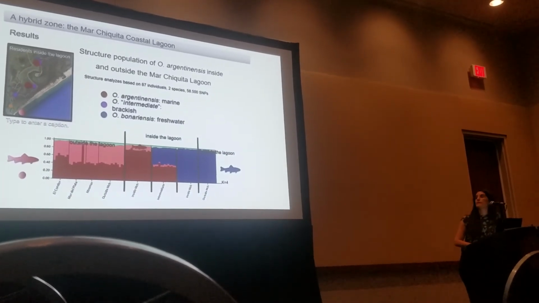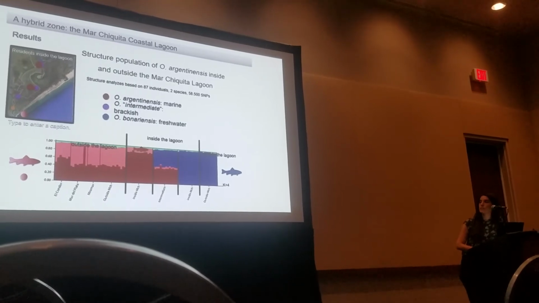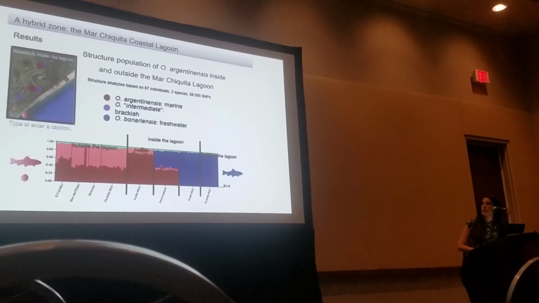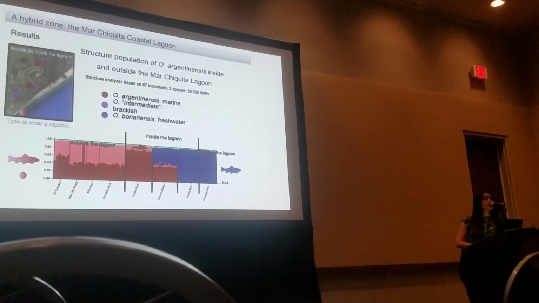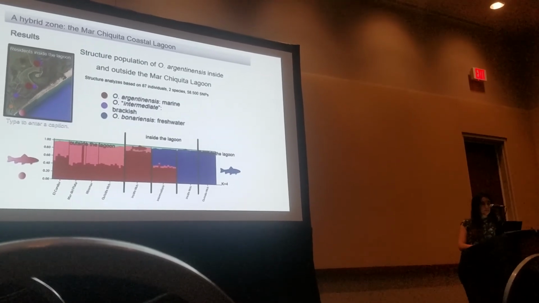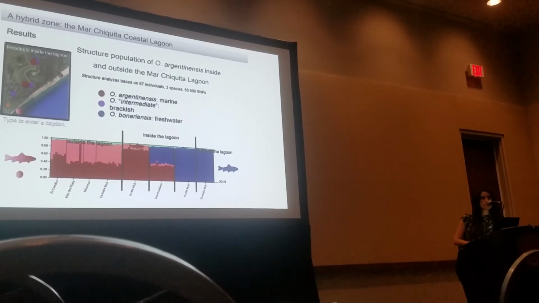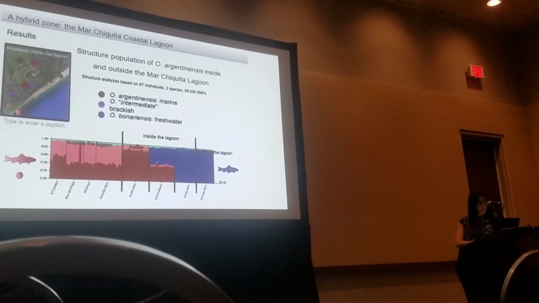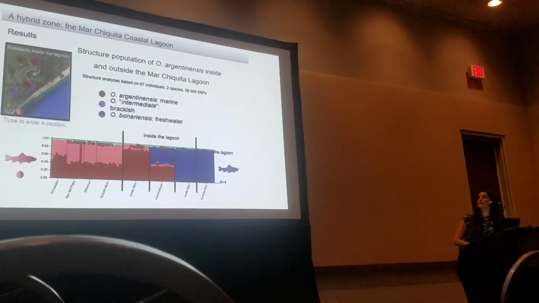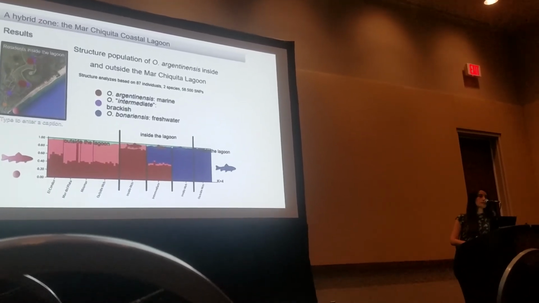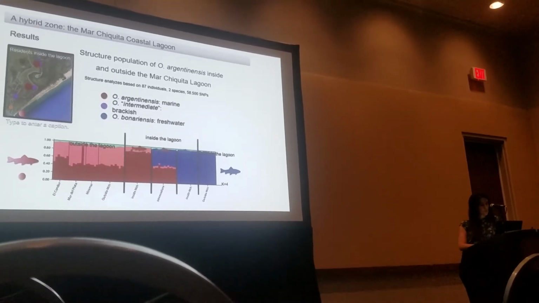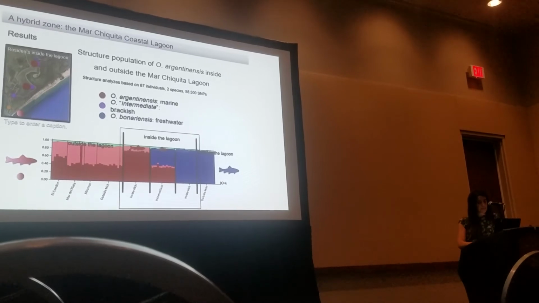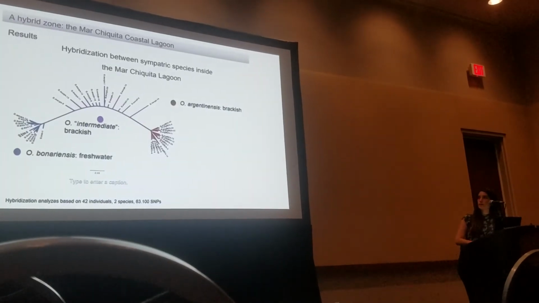So when we look inside the lagoon, we can find 3 different groups. One in red, that is argentinensis, another in blue, that is bonaerensis, and between them, we found the intermediate individuals. And this result, remember, is a case of hybridization. We also did some hybridization analysis between these 3 groups.